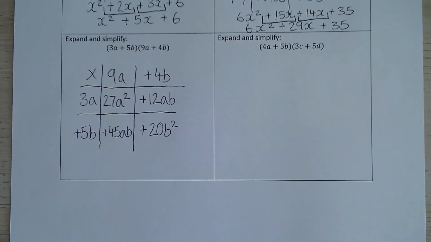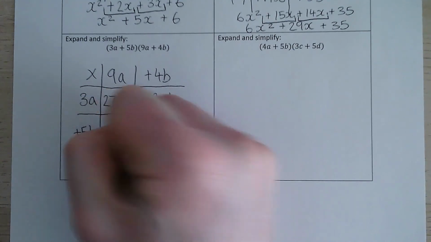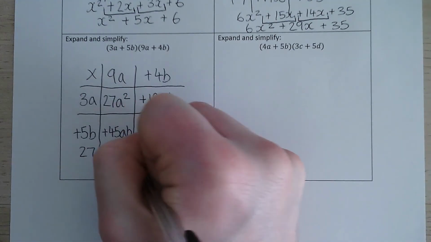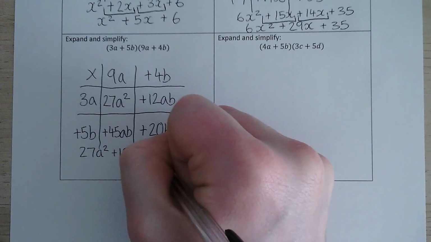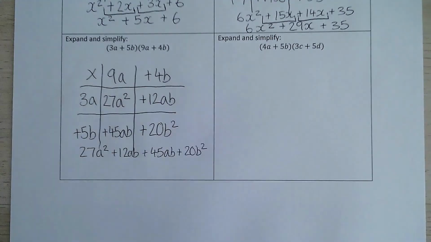Again, once we've done all 4 multiplications, we then need to write all of those terms down in a line. So 27a squared plus 12ab plus 45ab plus 20b squared. What we then need to do again is look for like terms to see where we can simplify. 27a squared is the only term of a squared, and 20b squared is the only term of b squared, so they will not be collected together.